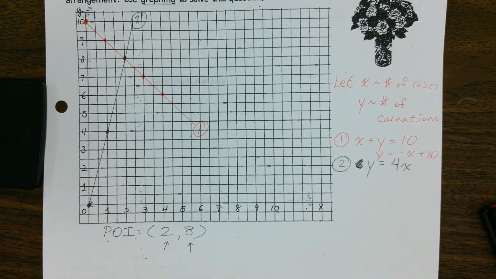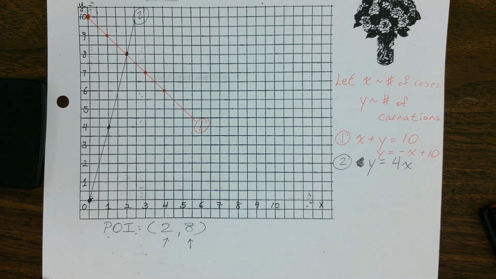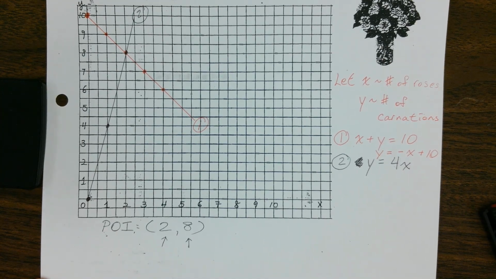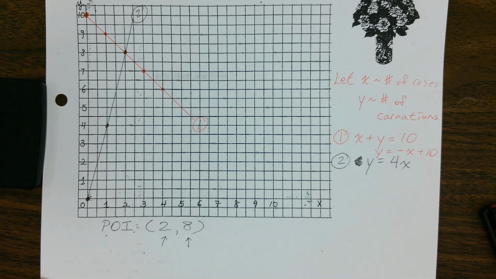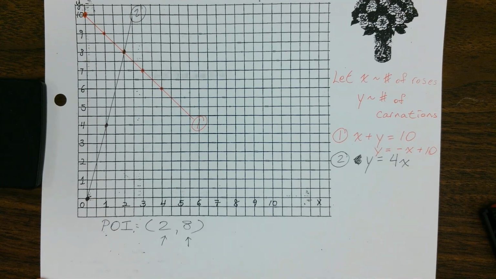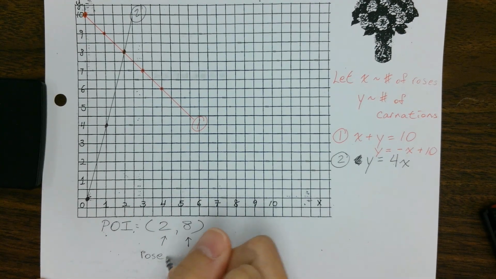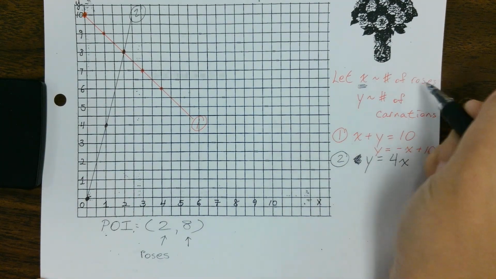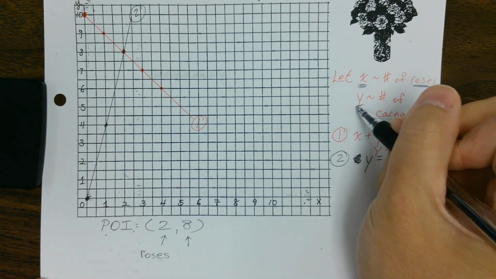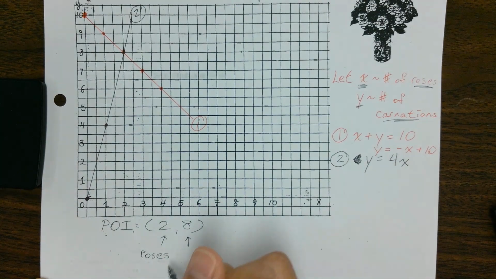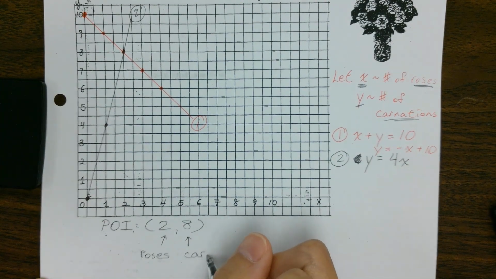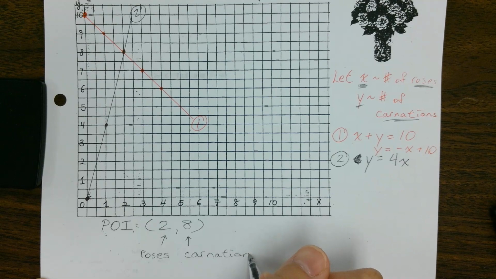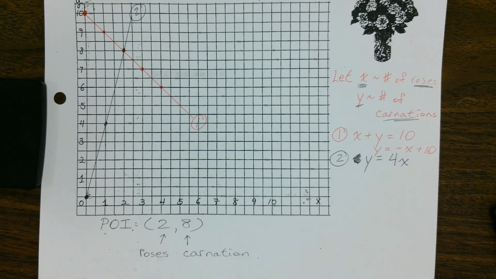Is it 2 roses or 2 carnations? 2 what? How many? Roses, right? And that's why it's so important to define your variable at the beginning. That's how you know which is which. So 2 roses, 8 carnations to make that bouquet.